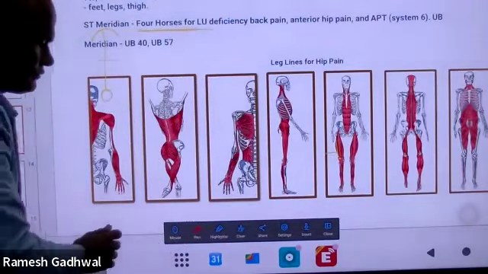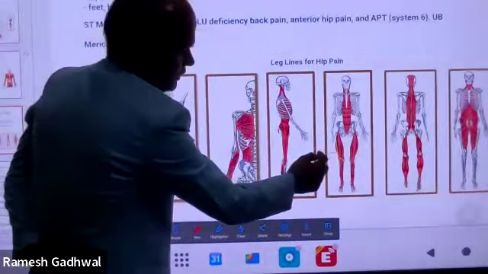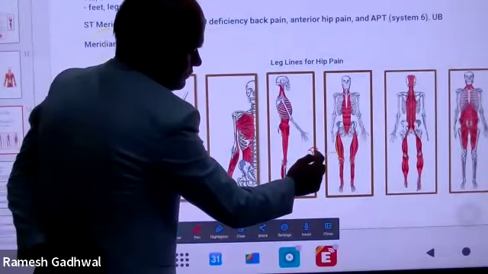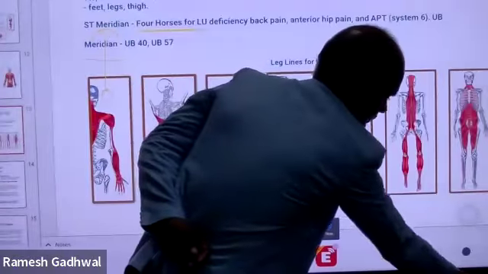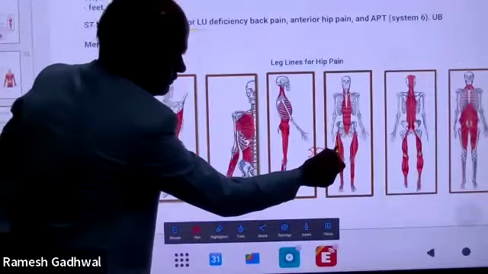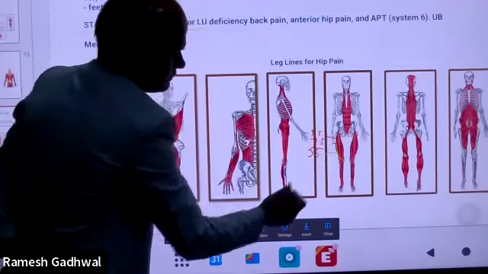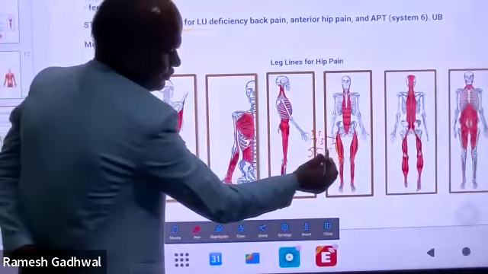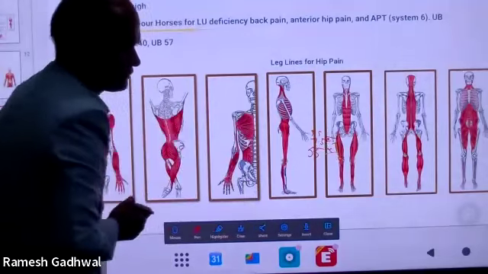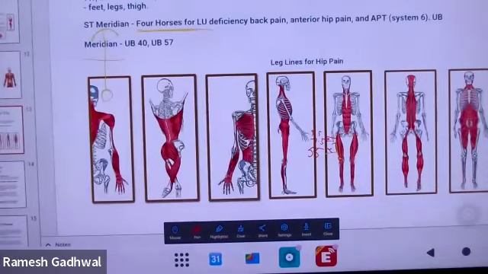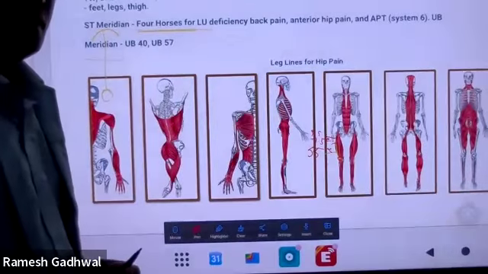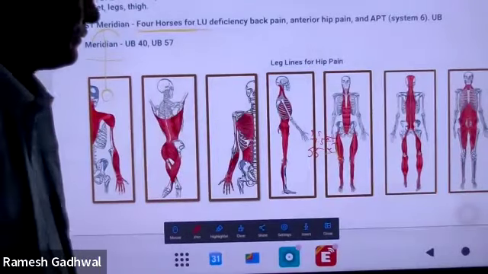Okay. From lateral corner to 5.5. Then another 7.5. And another 9.5. Okay. Every point has a 2 cun gap, 2 cun, 2 cun. This is a great combination for treating all types of respiratory disorders and lung problems. Okay.